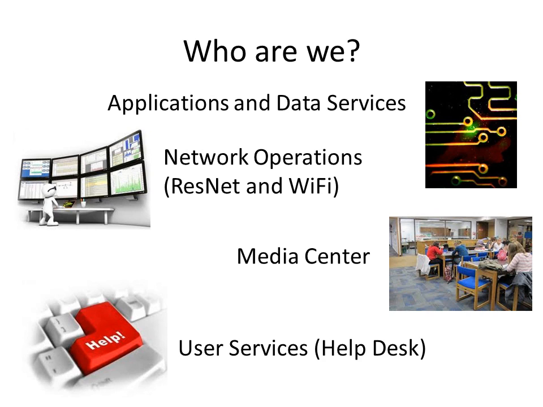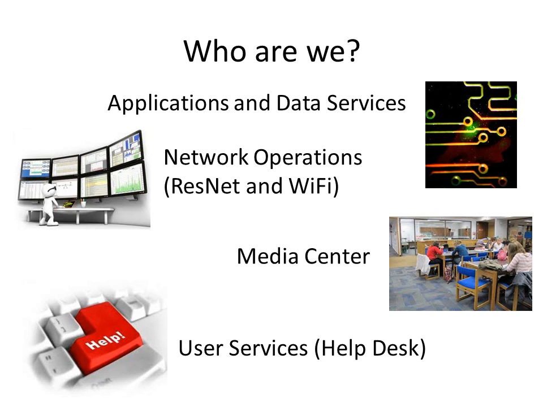The campus technology area at Francis Marion consists of four major groups: the Application and Data Services area, Network Operations, the Media Center, and User Services, which contains the Help Desk. The Application and Data Services area primarily takes care of the administrative systems of the university. So when you enroll, when you check your grades, etc., that's the group that takes care of that.